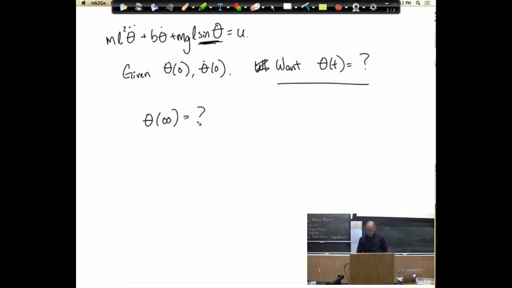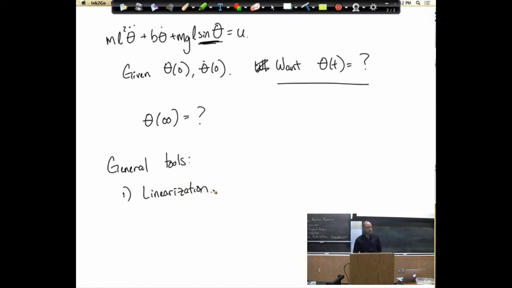So the goal is to interrogate nonlinear differential equations like this using some general tools, things that are going to work for the pendulum, but work for more complicated systems too. So what are some general tools? One of them certainly is the idea of linearization.